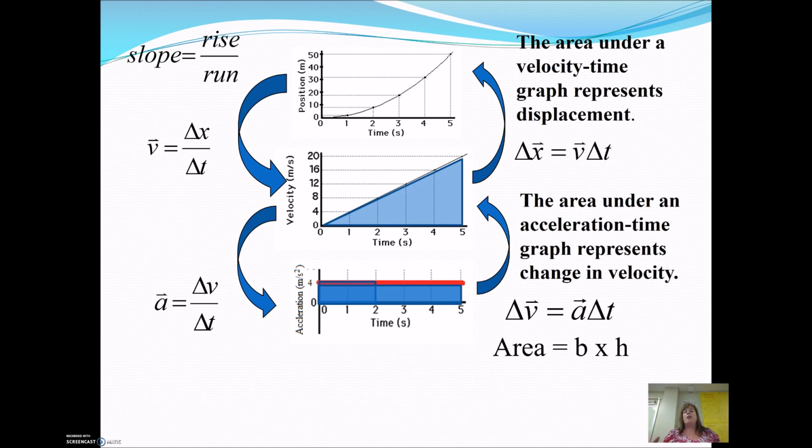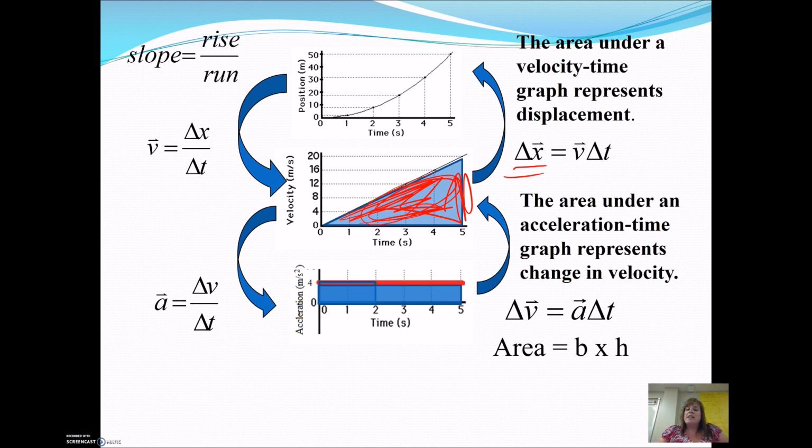Same thing if we go back to the velocity graph. If velocity is position over time and I rearrange that equation to get position equals velocity times time, that means if I have a velocity graph and I take the area, whatever that comes out to be is going to give me the change in position.